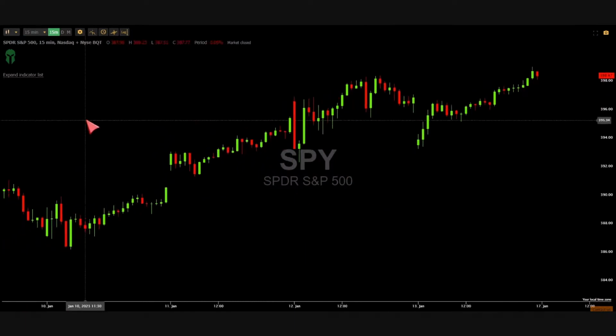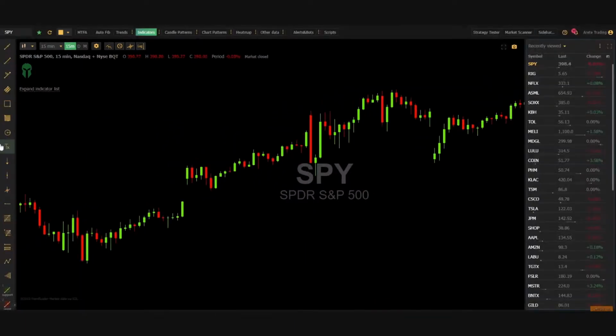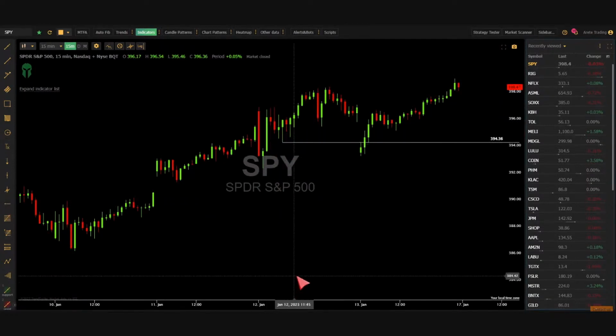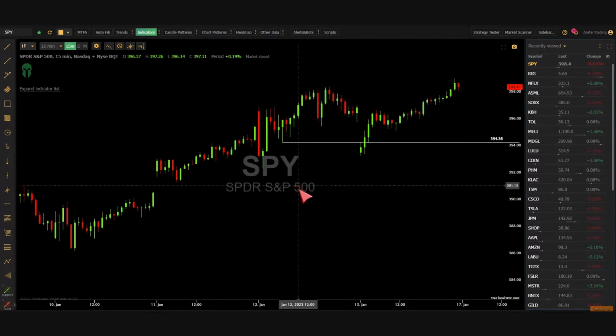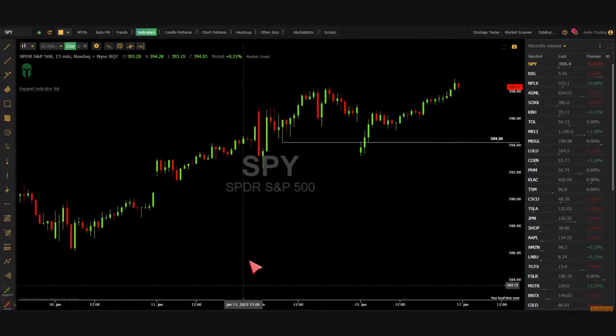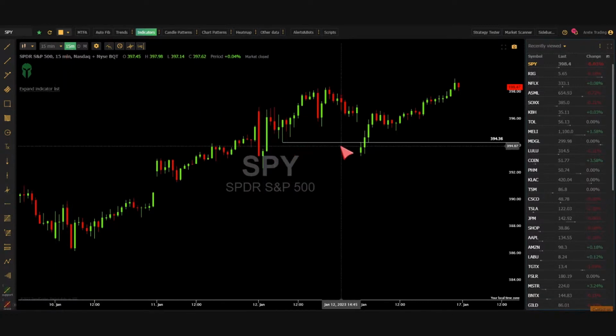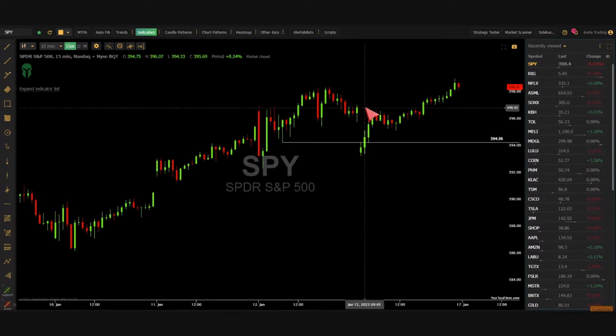So when you see these levels, well, we're going to have to do this to get the tools. So when you see these levels and you see how you're acting at certain levels, you start to develop support and resistance lines. So for example, on this 15-minute on the SPY, when this flipped over, it came back and retested right here.